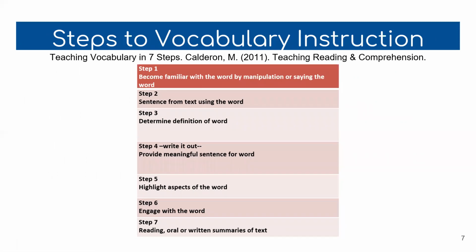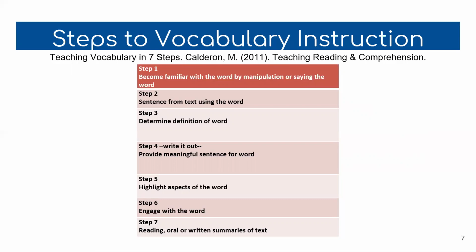Step 1 is for students to become familiar with the word by manipulating the word and saying the word, repetition. Step 2, Calderon tells us to use sentences from the text with the word embedded within the sentence.